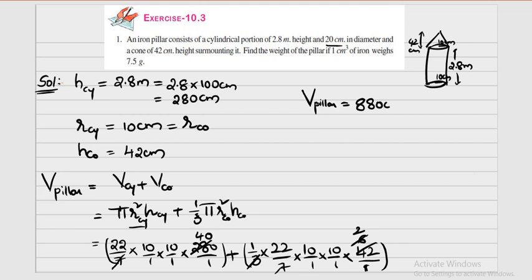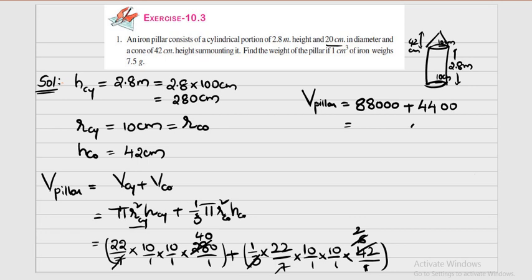We are going to have 3 zeros, plus, and after this, 22 2s are 44. So this gives me 4400.